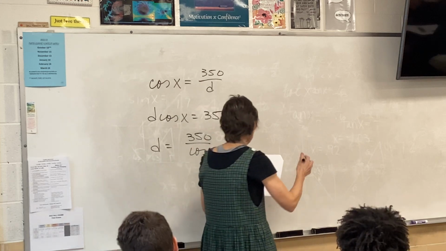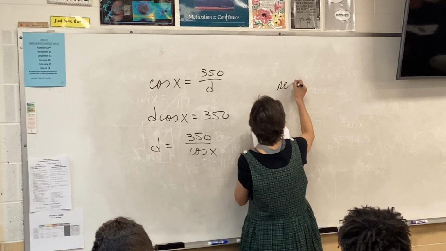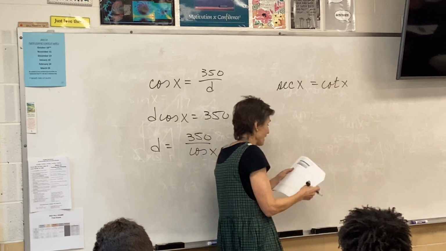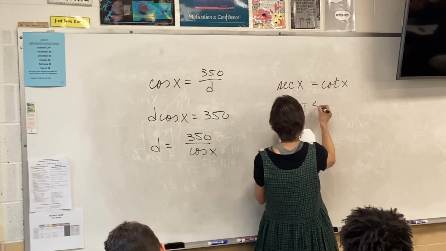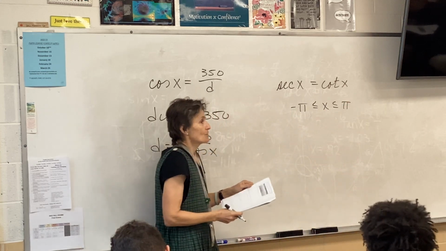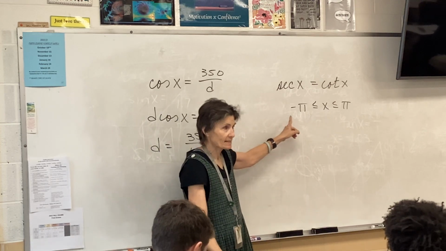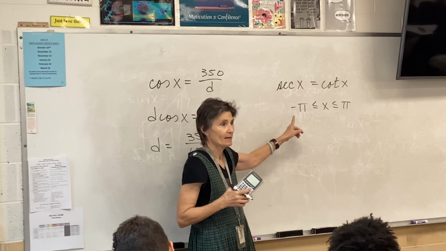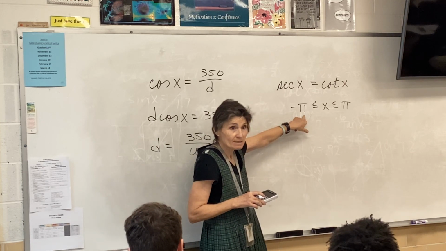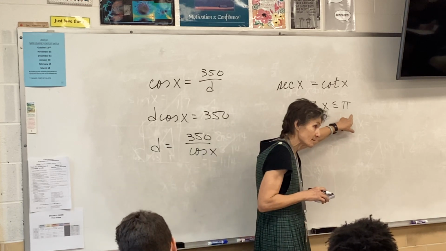All right, number 6. Solve graphically with the calculator. Secant x equals cotangent x, and we're between negative pi and pi. So, what do you think I'm going to do with these numbers as I solve graphically on my calculator? That's X min and this is X max.